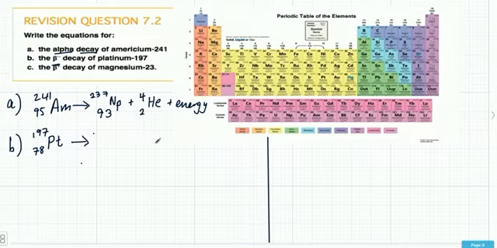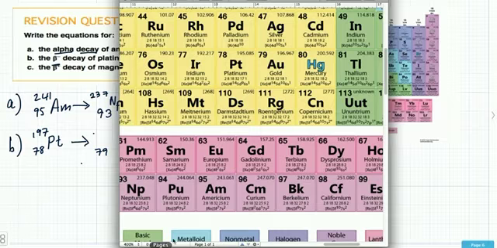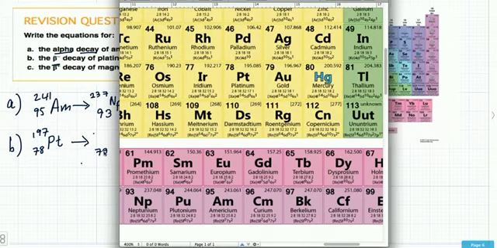So first of all, I'm going to write down my little beta minus particle, which is an electron and energy. And now I have to figure out what goes here. And remember at the bottom has to add up. So 78, something minus 1 has to be 78. Okay, so it's going to be 79. Look on my table again. 79 is gold.